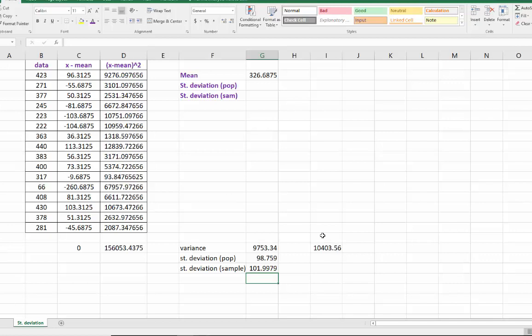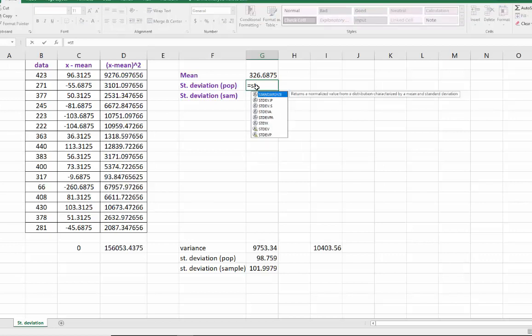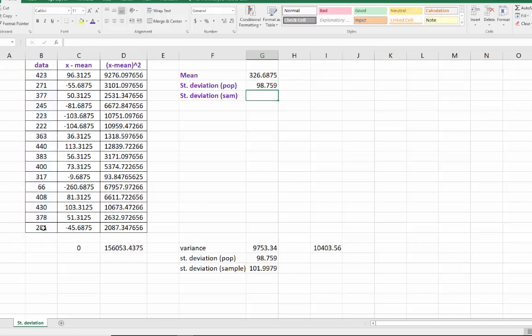So now you've seen how the computations are done. Let's see if we have the same results by using Excel commands. So for standard deviation, I'm going to just type it in like this, STDEV, and now look, it gives me all these options. If I look at my set as population, dot P, and I'm highlighting the original set, look at that, same thing, exactly.